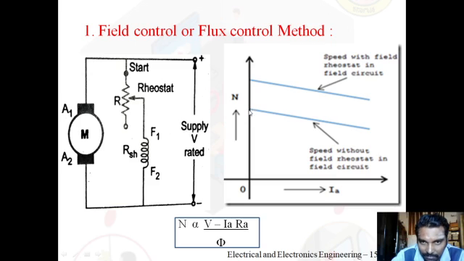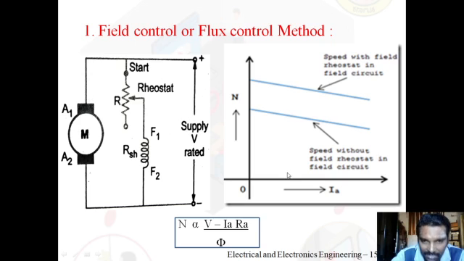It is here. So what happens as the motor is loaded? That one we have seen from the speed current characteristics. As the load on the motor varies, the current which is drawn from the supply and the current which is flowing through the armature conductors will vary. As the load is increased, Ia increases.